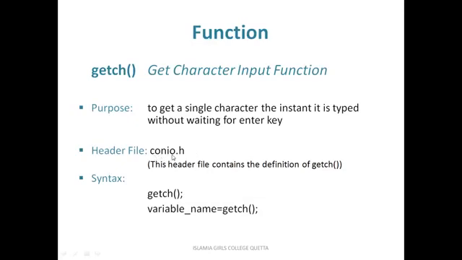It is also present in conio.h, so you have to include this header file. Its syntax is like getch, and you have to put the semicolon, or the value which it is getting is stored into the variable name. It is used in both formats. The character which it is getting is going to be stored in the variable name.